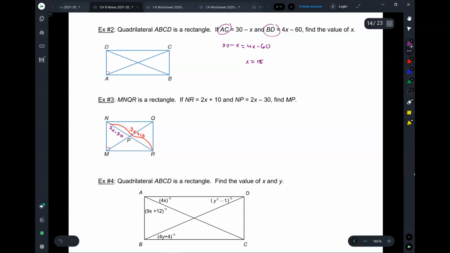How are we going to set this up? Yeah, go ahead. Right, so you can either do 2 times 2x minus 30 is equal to 2x plus 10. Or, no, hang on. Or you can say 2x minus 30 is half of 2x plus 10.